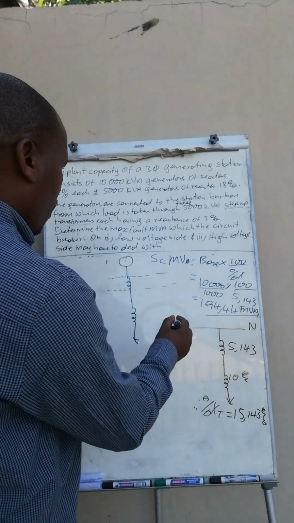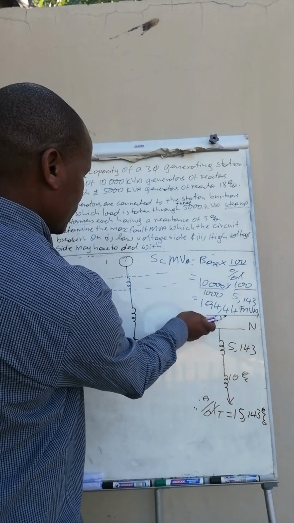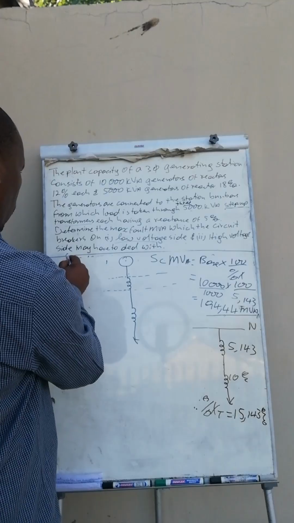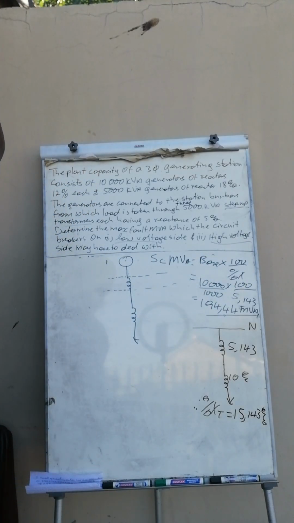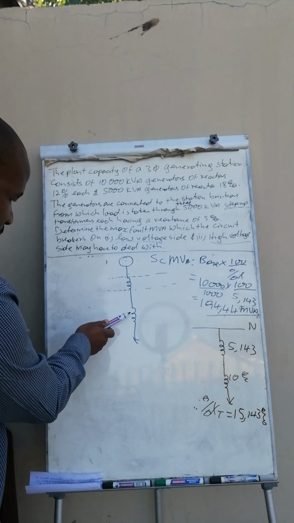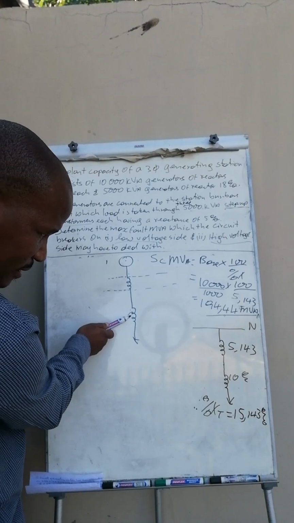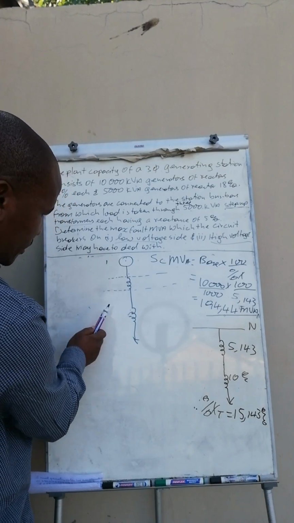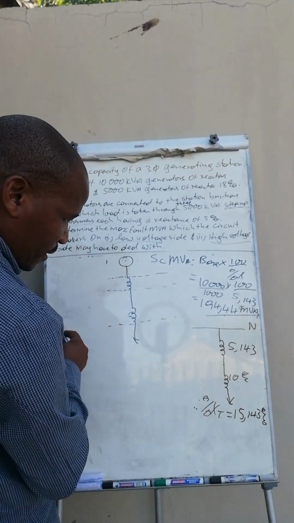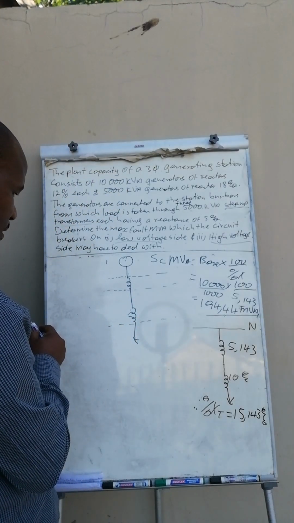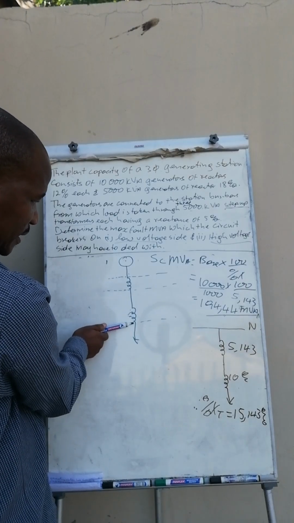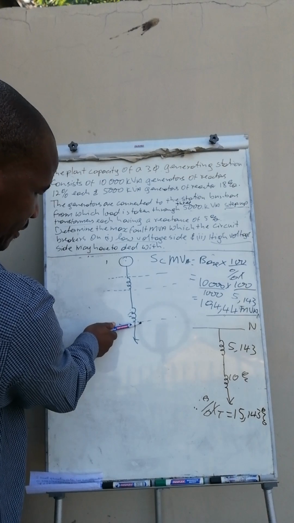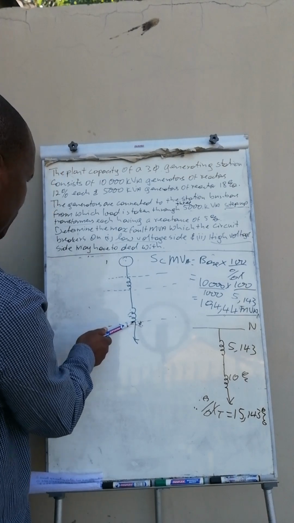Now this is for the low voltage side, condition number 1. But now what about the high voltage side? This impedance is for the transformers. We don't have the ones for the line, isn't it? This one is on the high voltage side, so we're going to use the total impedance there.